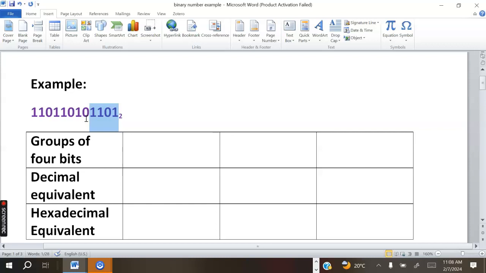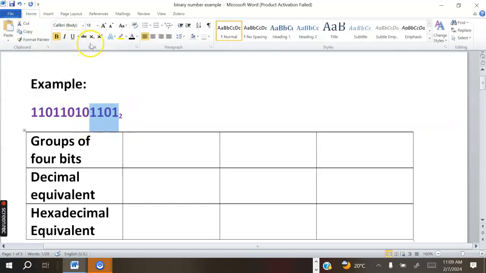For the fractional part, it's supposed to start the other way, but maybe I will come to that later on. For this one, let's arrange in groups of 4.